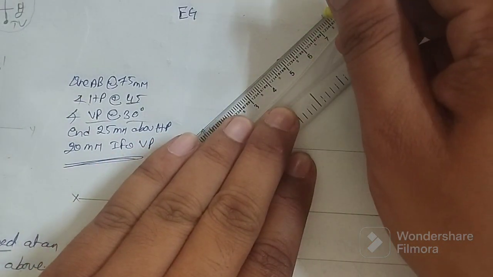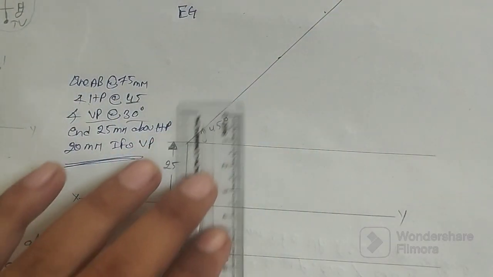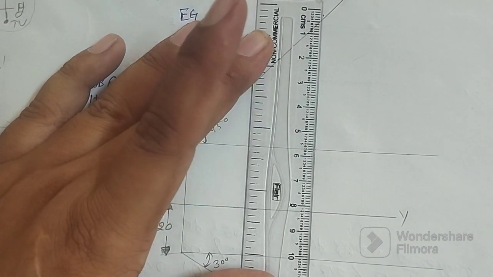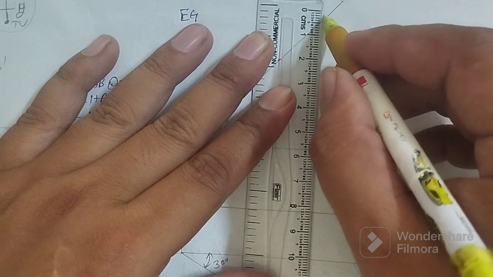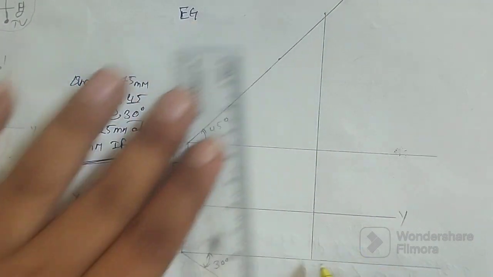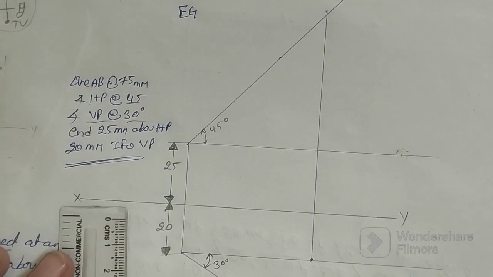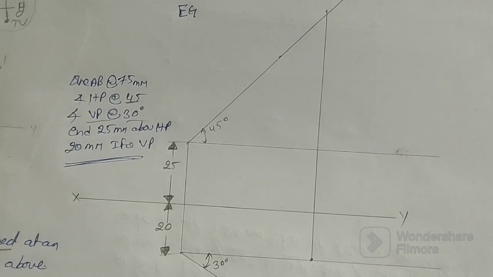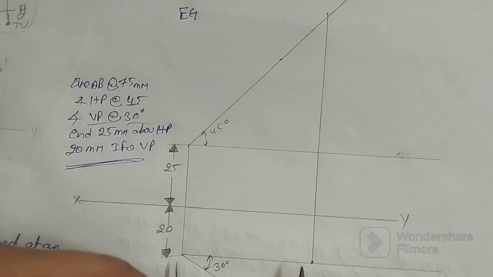It's here, 75. Now you have to extend or draw a straight line towards the bottom here.